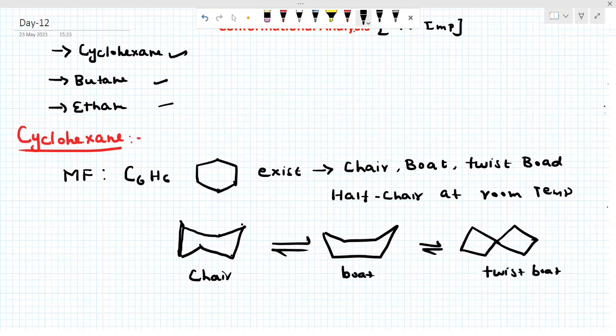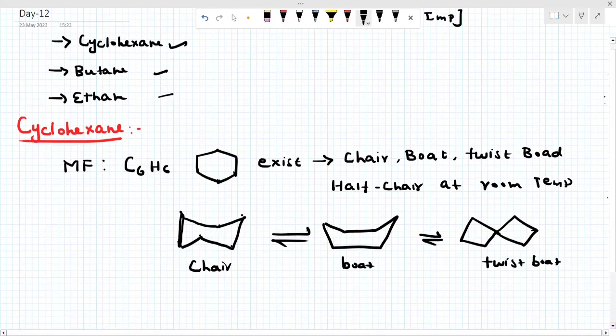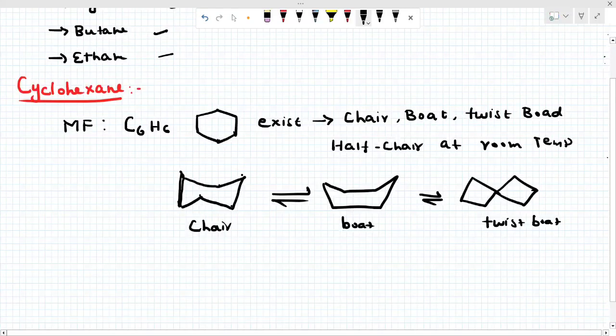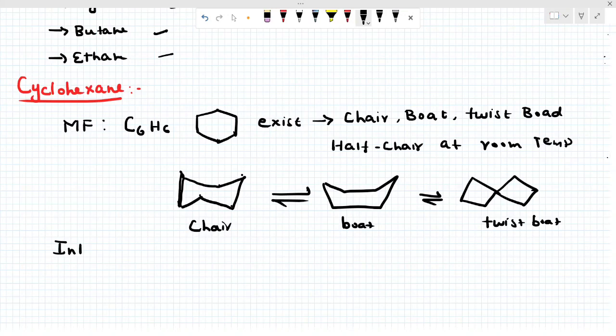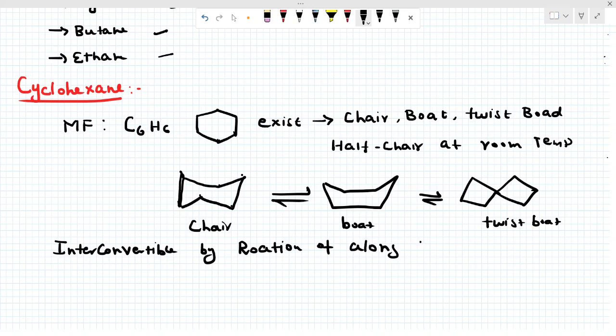Now this interconversion can happen whenever there is rotation along a carbon single bond.